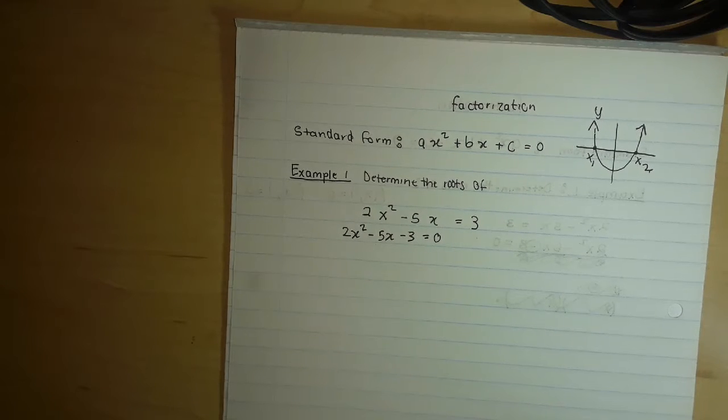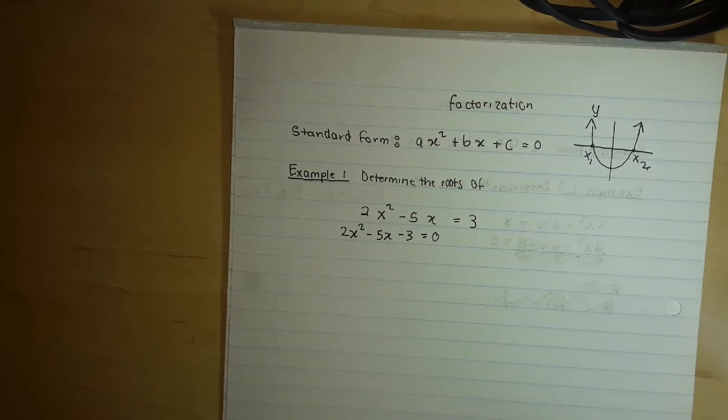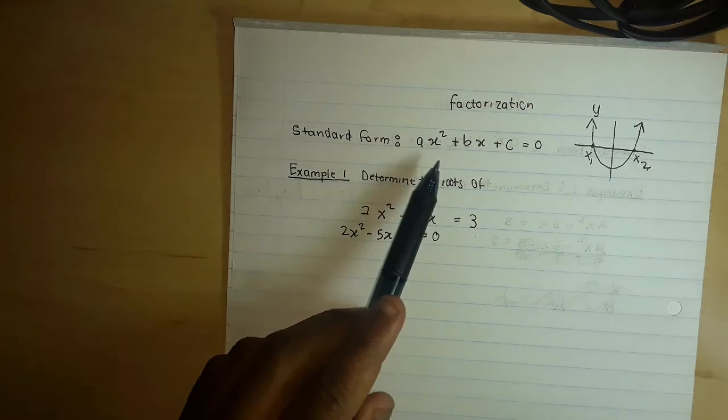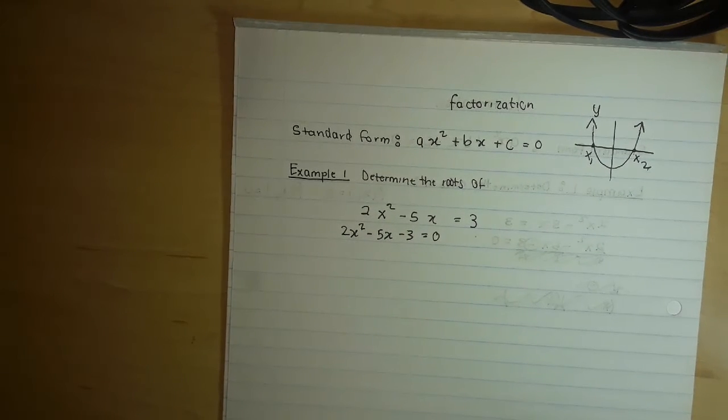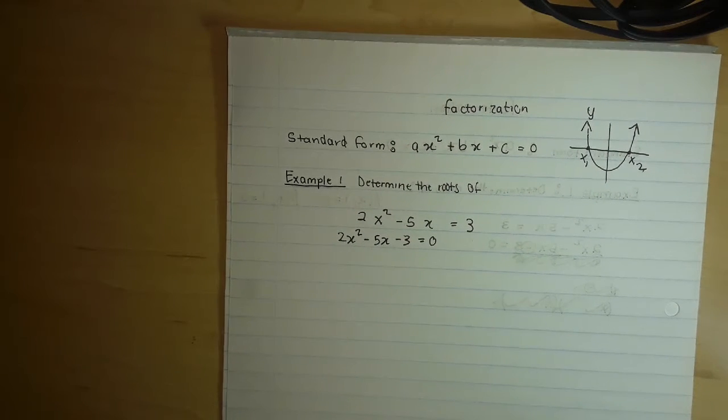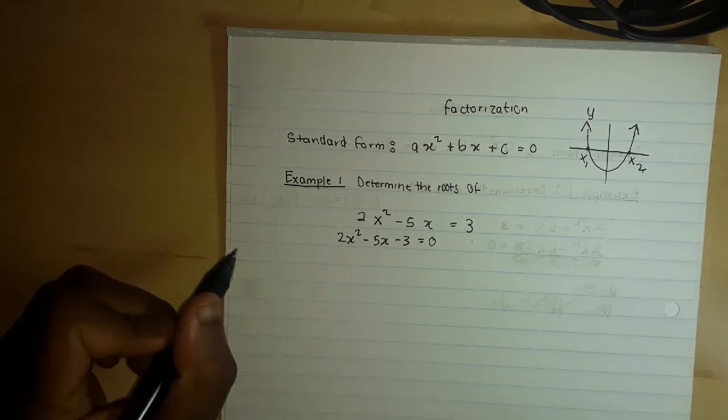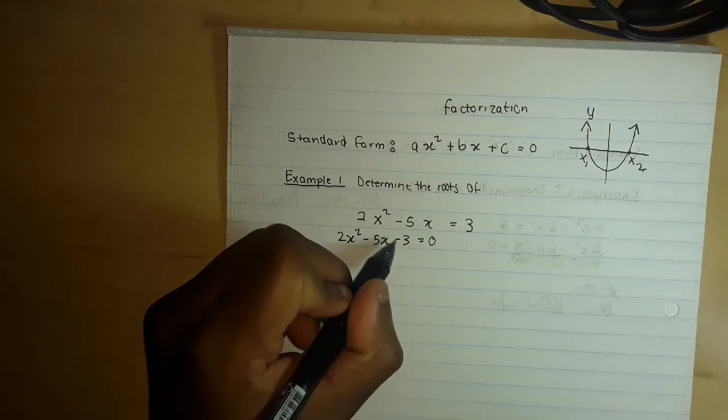If we're using the factorization technique, we know that for a quadratic equation there are only 2 roots. In other words, there can only be 2 factors, 2 values of x that we can substitute to get 0. The method that I use is that I first look at the last term.